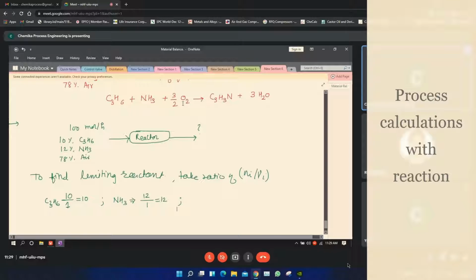We know that 21% of the air is oxygen. So we take 78 moles per hour of air multiplied by 21 mole percent, and this will give you the oxygen molar flow rate.